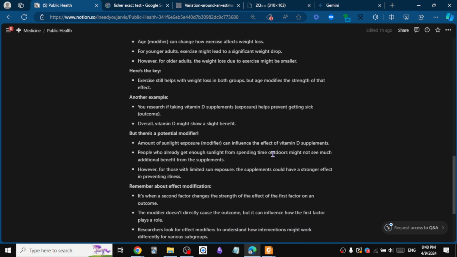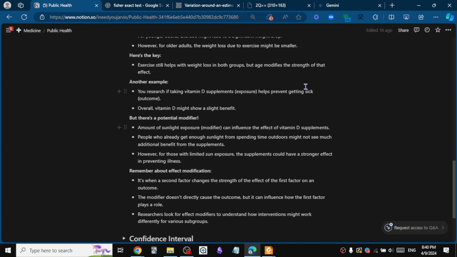Okay, another one. Your research is whether taking vitamin D supplements helps prevent getting sick. Overall, vitamin D might show a slight benefit, right? So getting sick, not bone health, just getting sick. The potential modifier in this case could be amount of sunlight exposure, which can influence the effect of vitamin D supplements.